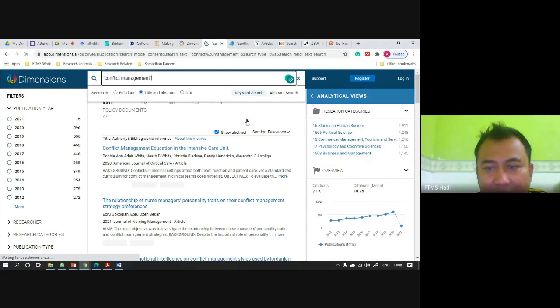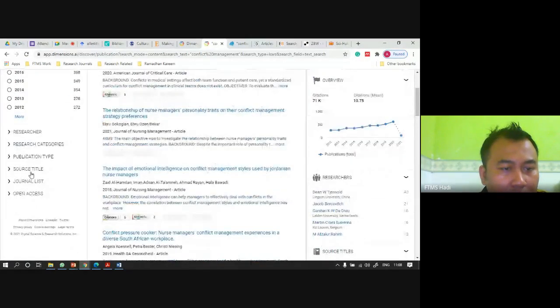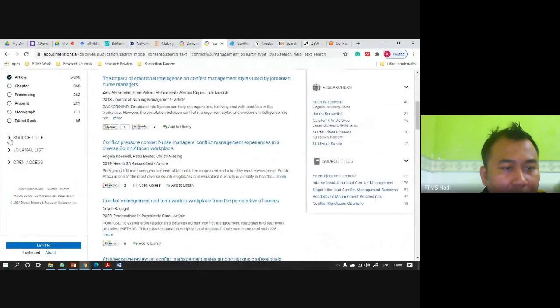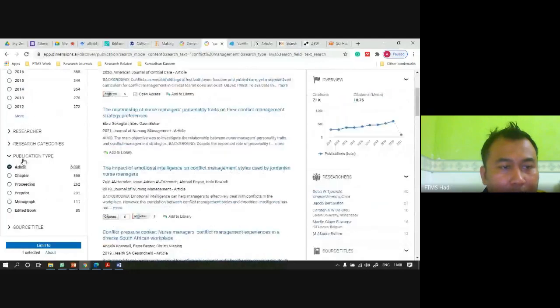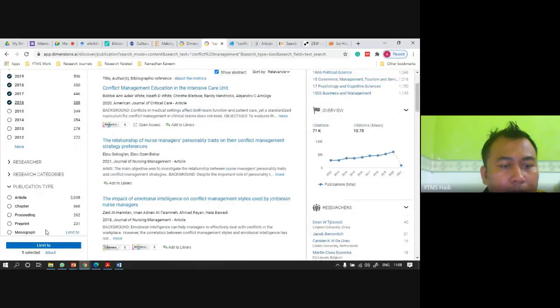Okay, the title and abstract. Probably you can filter this one, publication type, usually article. Usually we are going for article. And then sources title, no need. Probably 5 years, yes. 2021 is quite early. I think 2020 is the best one. Say limit to.